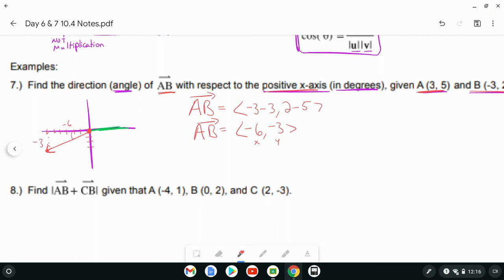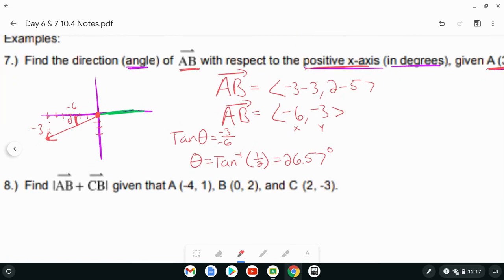We can find this angle by doing the tangent of theta equal to negative 3 over negative 6. Take the tangent inverse of negative 3 over negative 6, which is 1/2. So the tan inverse of that is going to be 26.57. So this is our reference angle.